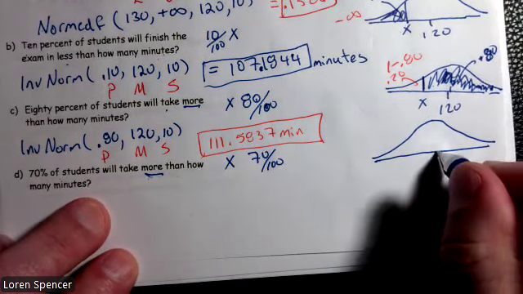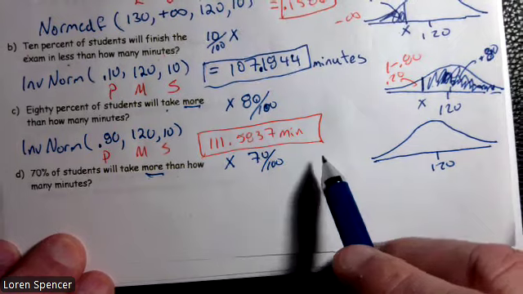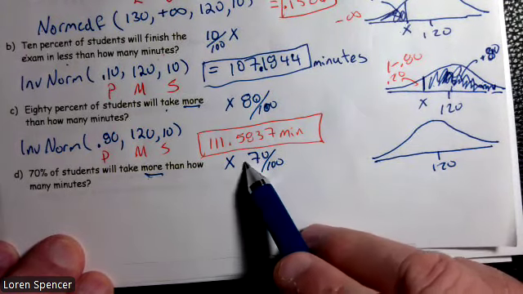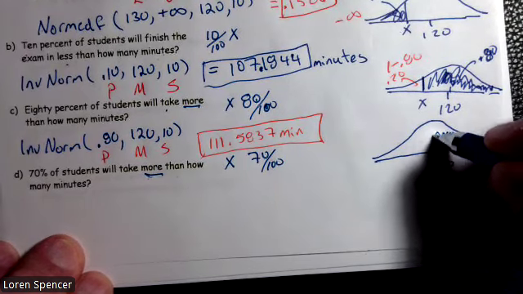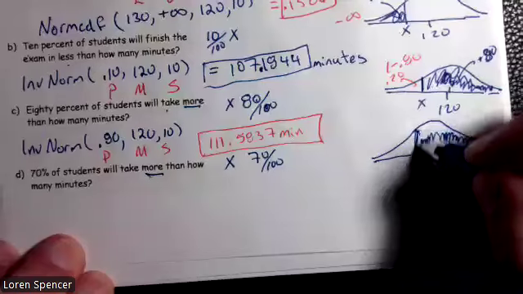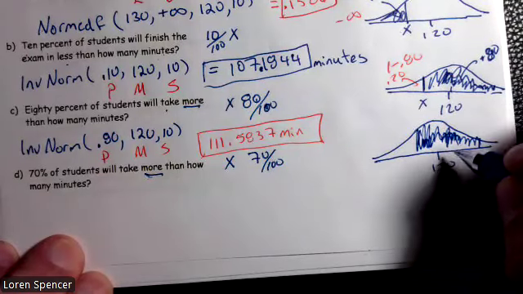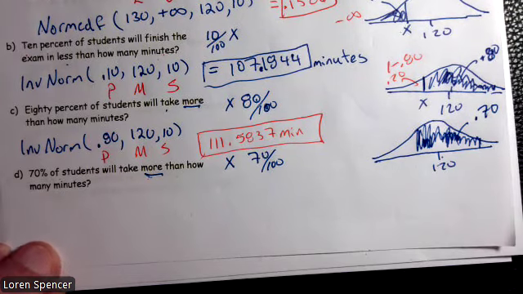Once again, 120, and we know our standard deviation is 10. Now let's think about this. I'm above it, so I'm shading this way. So this right here has to go over halfway, because halfway is 50%. So this is 0.70.